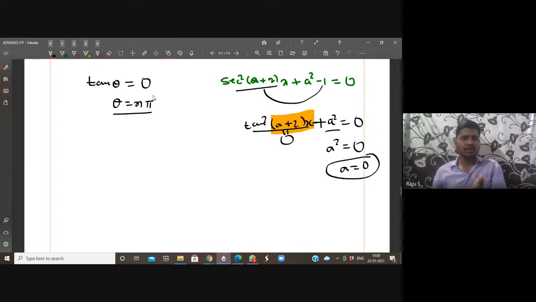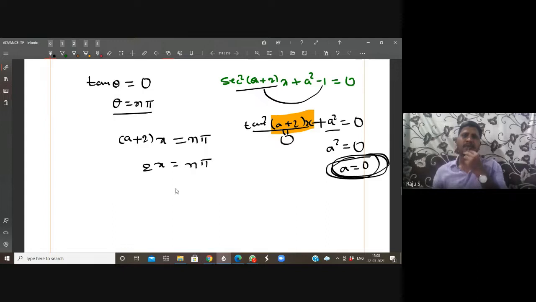Is that clear? It will be the same, n pi alone. So here (a plus 2) into x is equal to n pi. What is the a value? We got it here, 0. A is 0 means 2x is equal to n pi, so x is equal to n into pi by 2.